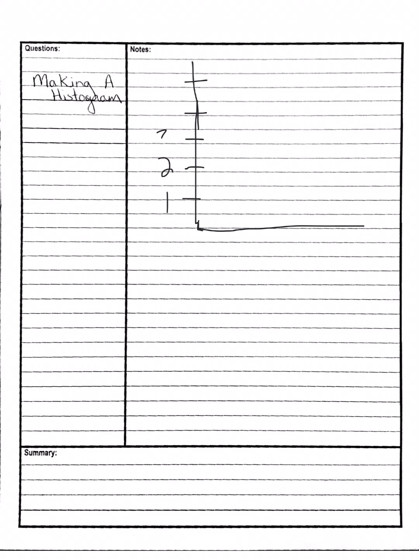And then along the bottom, we have the actual intervals. The first interval that we had was 0 to 4. So if we look at how many from 0 to 4, we go up to the number 3, and we can shade that in. That's how many numbers fell in that category.